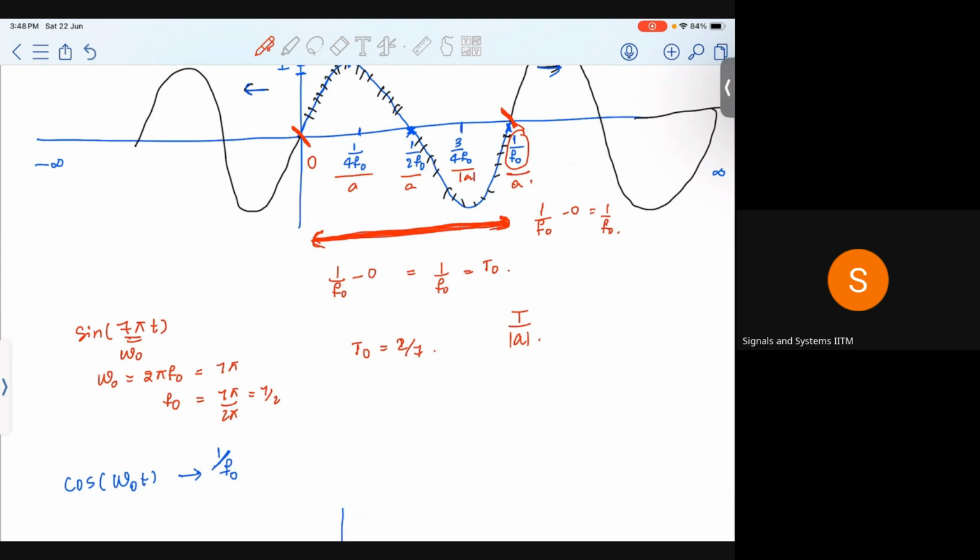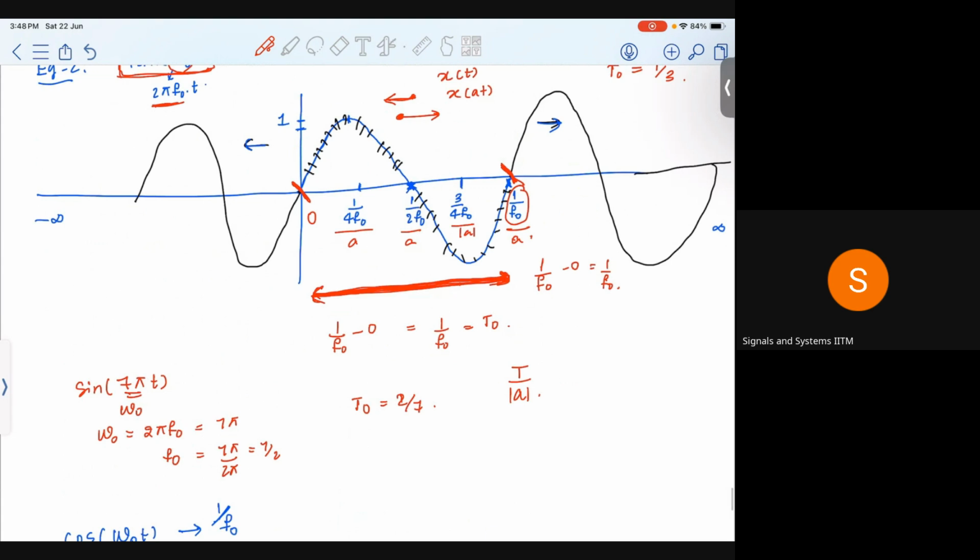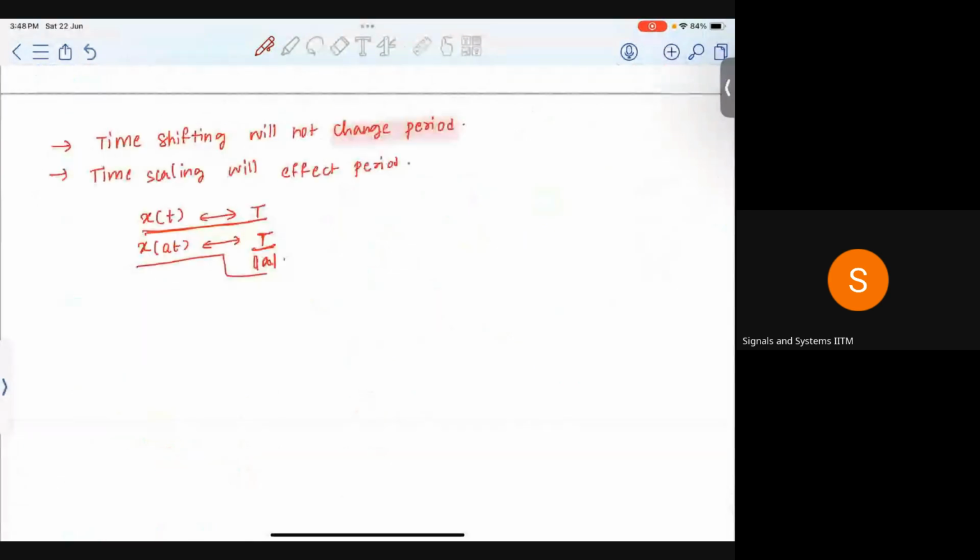Either the signal gets compressed or expanded, and the constant part also gets compressed or expanded, and hence the fundamental period also gets compressed or expanded. So these are two important properties which I hope you would remember.